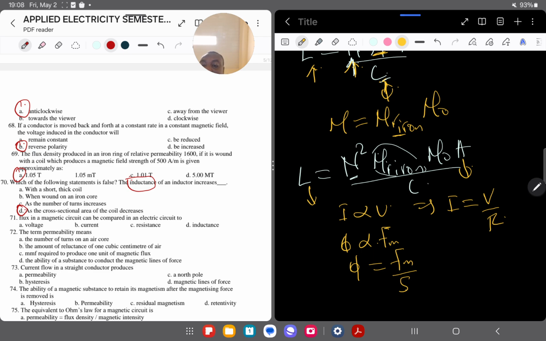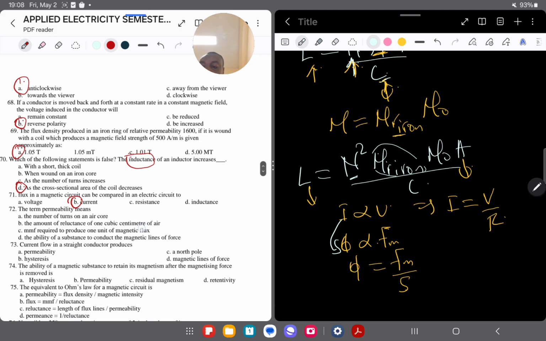So flux can be compared to current when we are talking about a magnetic circuit. So question 17 is B.